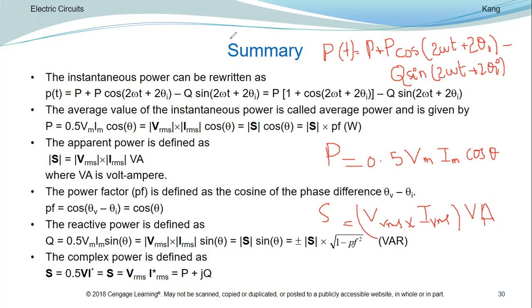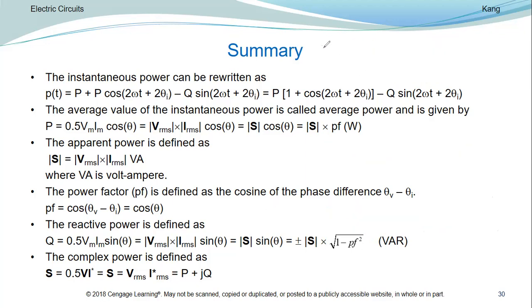The power factor is written as PF, which is basically equal to cosine of the angle, cos(theta V minus theta I), which is taken as cos theta. So this is the value of the power factor, which will be equal to cos theta.